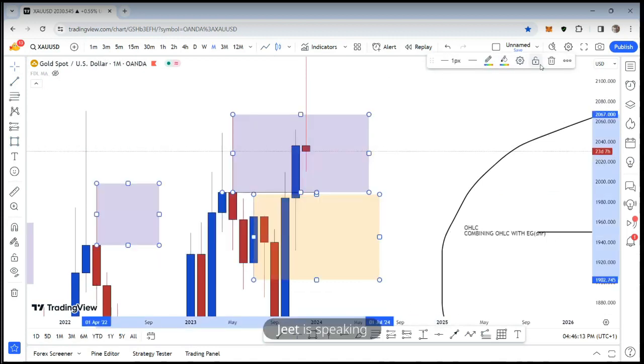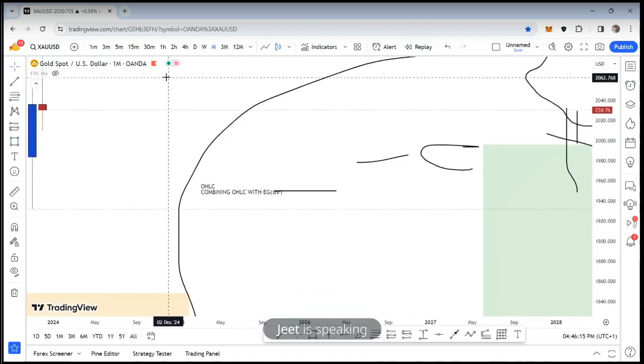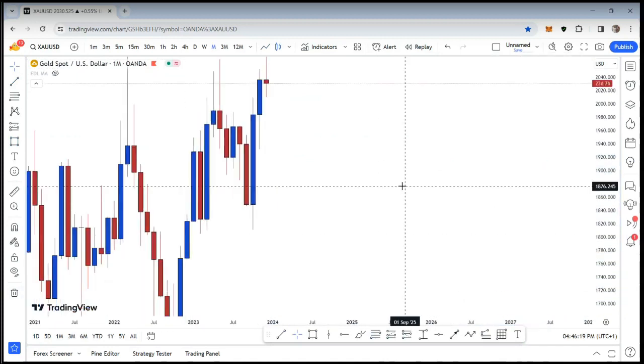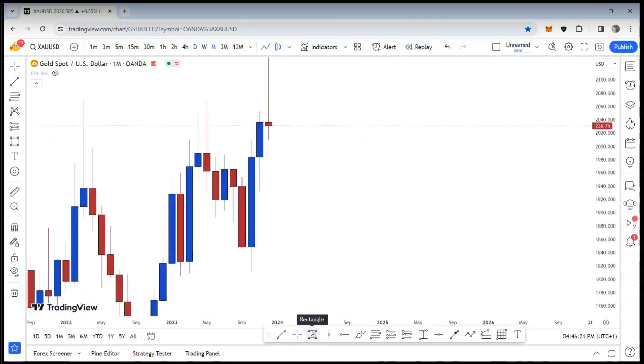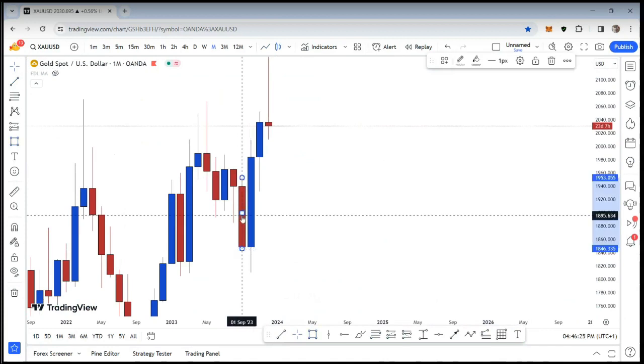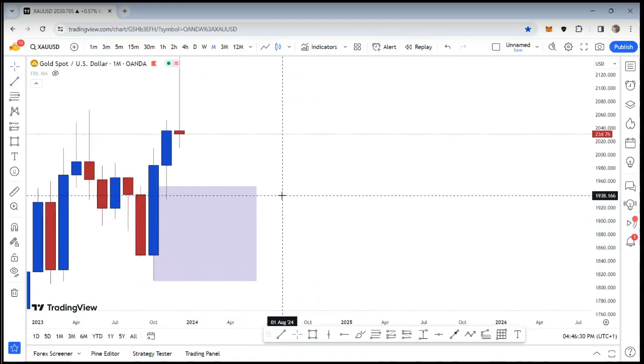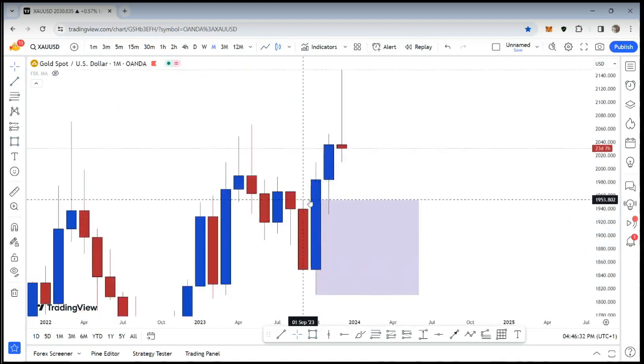So when I'm combining engulfing and resistance as a whole, I'm not drawing this, I am drawing this. Does it make sense?